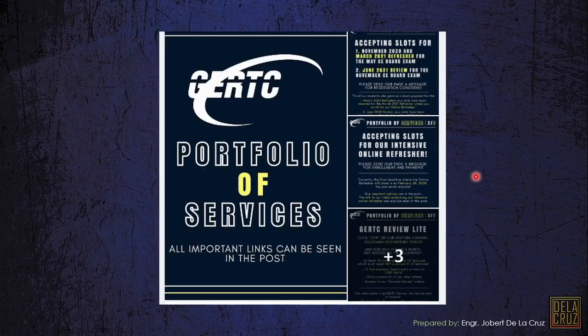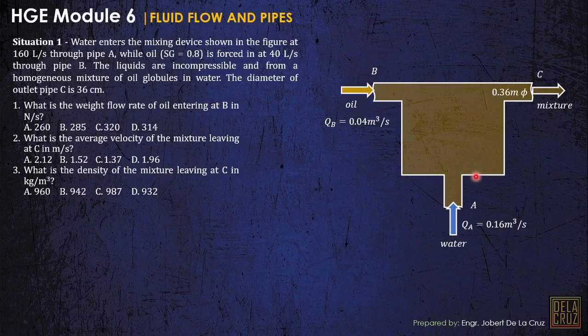All right. So let's start to solve this problem. Water enters the mixing device shown in the figure at 160 liters per second through pipe A. While oil having specific gravity of 0.8 is forced in 40 liters per second through pipe B. So, papasok siya dito yung oil.